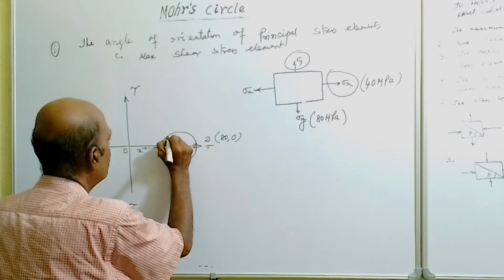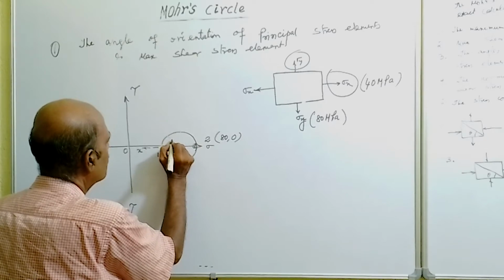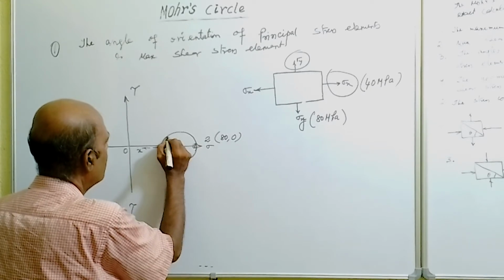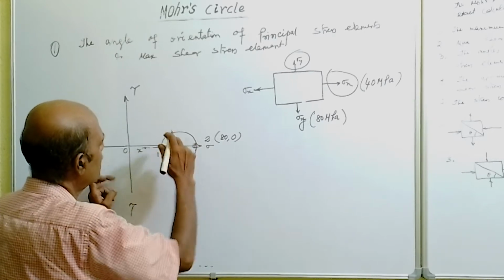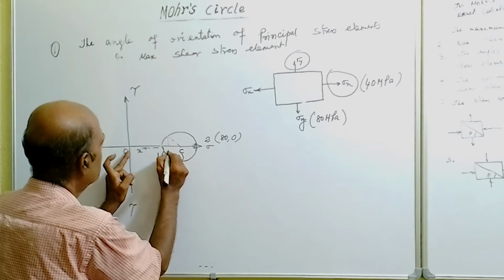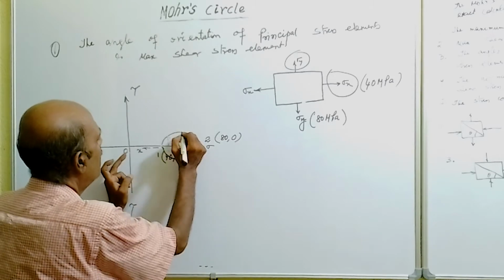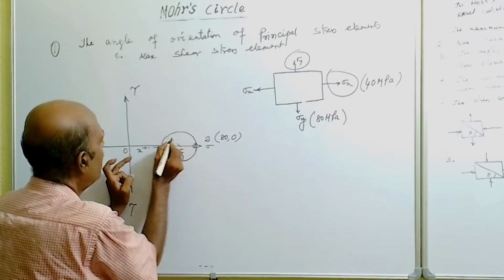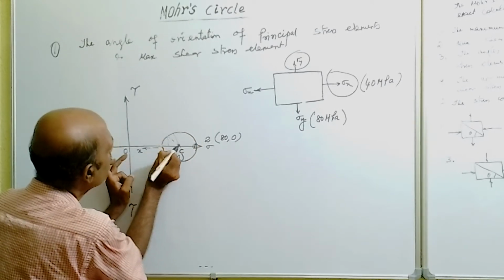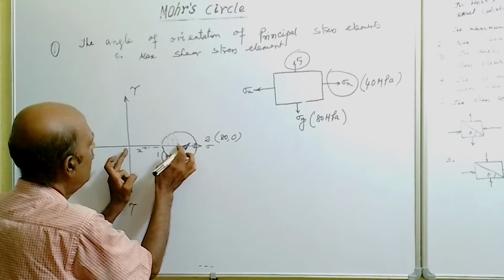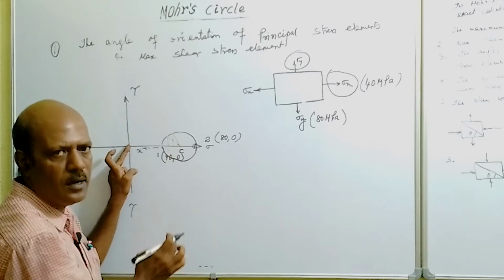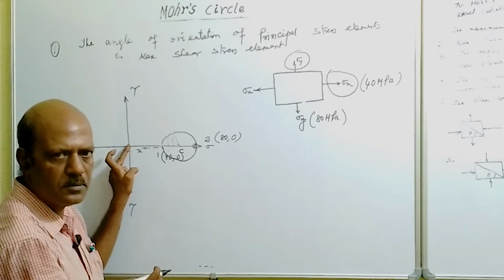So now if the point exists here, we can find this much will be the shear stress and this will be your sigma n value. Now if the point lies here, this will be the shear stress value and this distance will be the normal stress value.